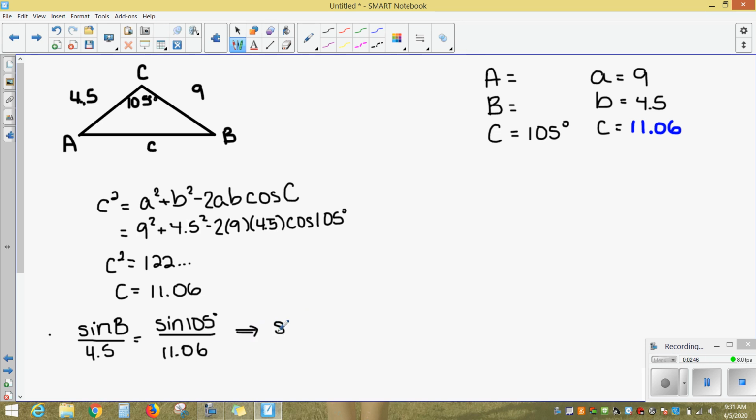From here, and this is what you have already seen in this section, I hope, sine B equals whatever that is when you multiply the 4.5 up, and then when you take the arc sine of both sides, the inverse sine of this decimal value, you should find out that angle B is 23.19 degrees.